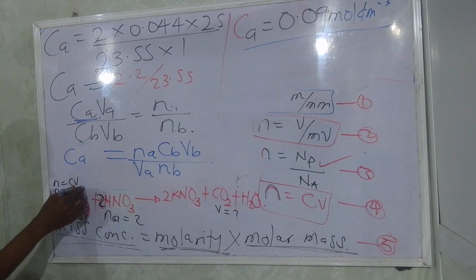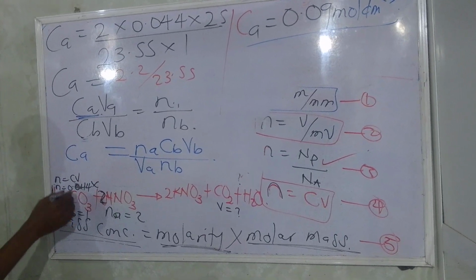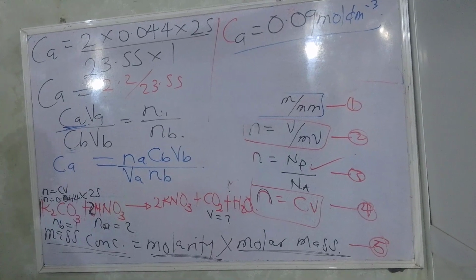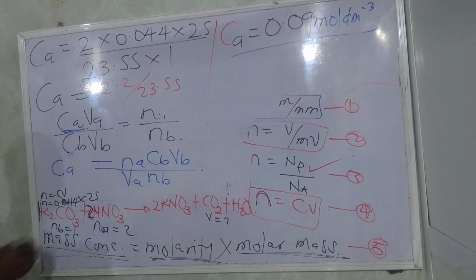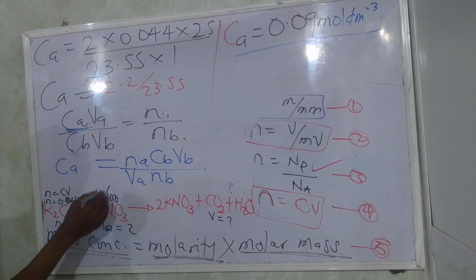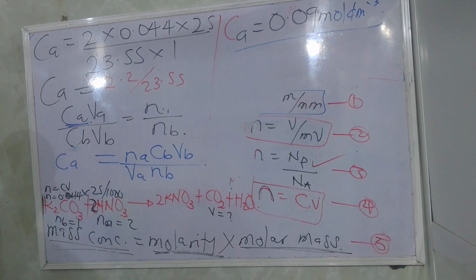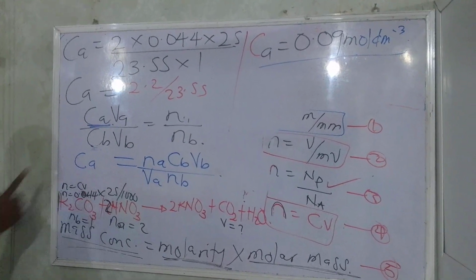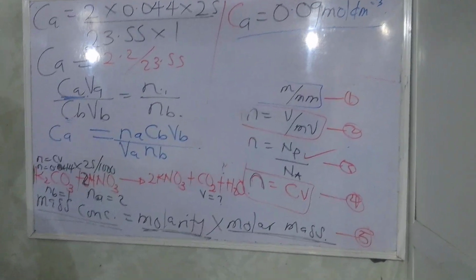You remember? 0.044 times what about its volume? They used 25 cm cube. So please help me press 25 cm cube over 1000. I must use dm cube because this concentration is mole per dm cube, so the volume too must be in dm cube. That's the reason. Is that clear to everyone?